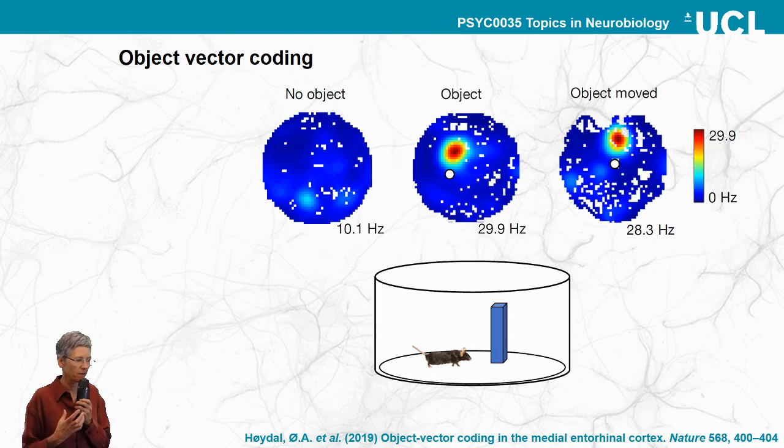So this interesting set of studies looked at what happens if there's an object in the arena, and it turns out that there are some medial entorhinal neurons that are sensitive to objects and will fire at a particular distance and direction from an object. And if the object is moved around, then the cell will shift its firing to follow the object. So it's not anchored by the boundaries like the grid cells or the place cells and so on.